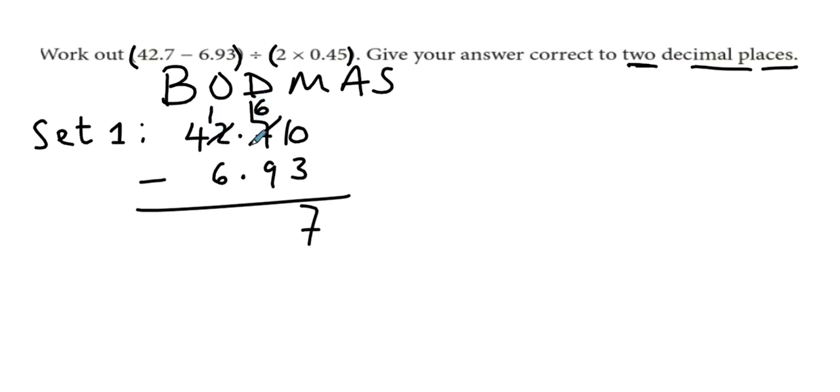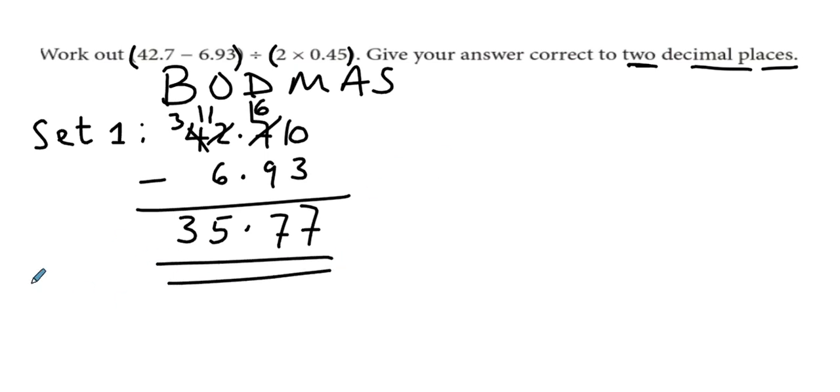This becomes 16 minus 9, this becomes 7. And then 1 minus 6 is not possible. Take 1 from here. This means 3. 11 minus 6 is 5. And this is 3. Okay. Now, this is set number 1 of the pairs of brackets.